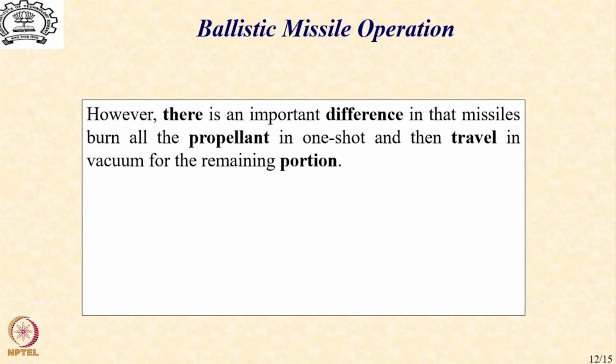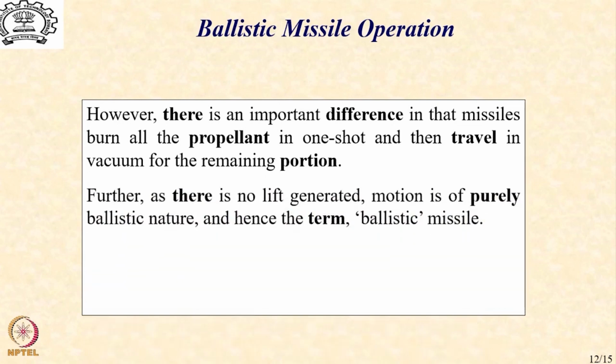Further, as it is traveling in vacuum, there is no other transverse force like aerodynamic lift generated. So the motion is purely ballistic in nature, governed by the gravitational field of Earth, and hence the term ballistic missile.